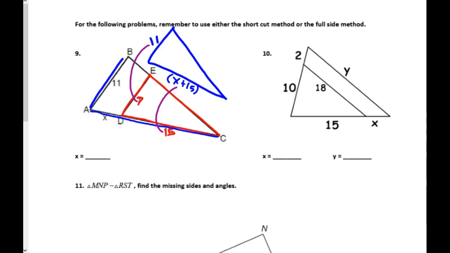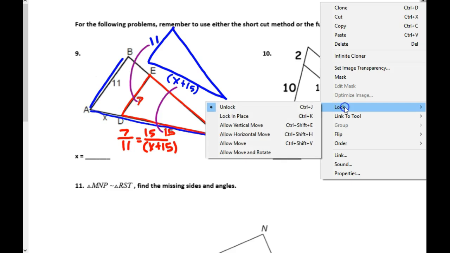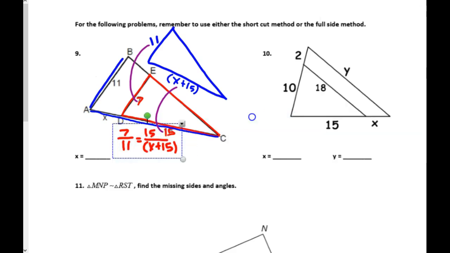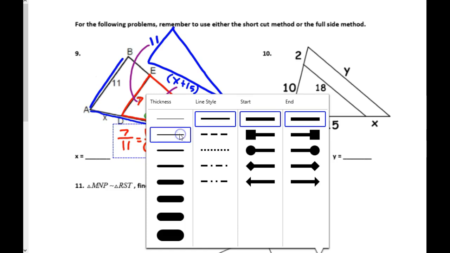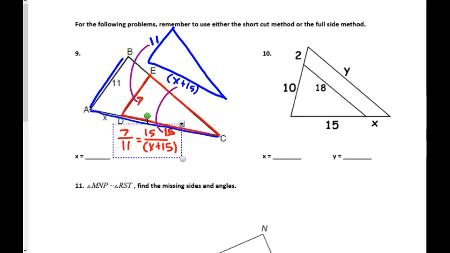So, let's do that. 7 over 11 equals 15 over x plus 15. Okay, and so we'll take that and then we're going to cross multiply.